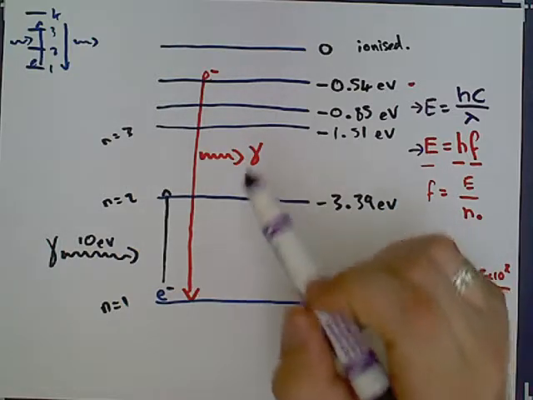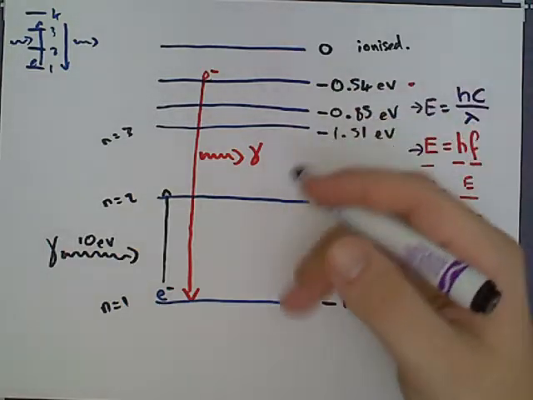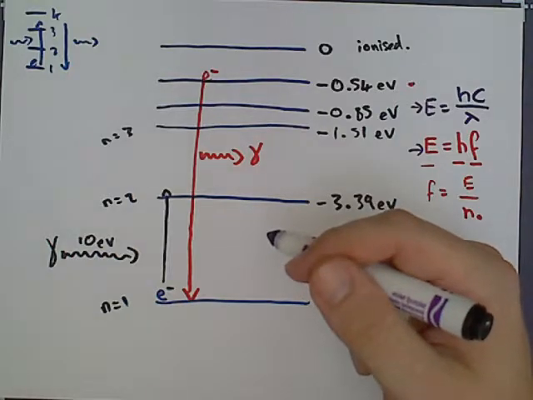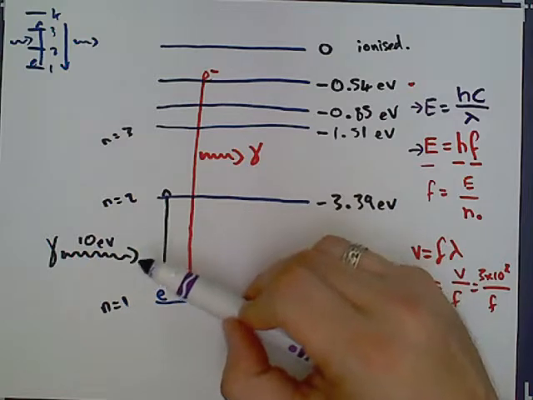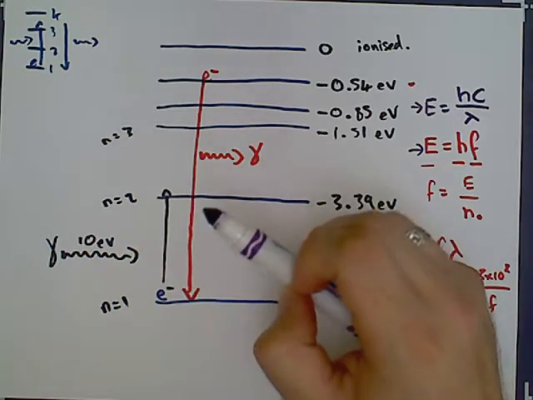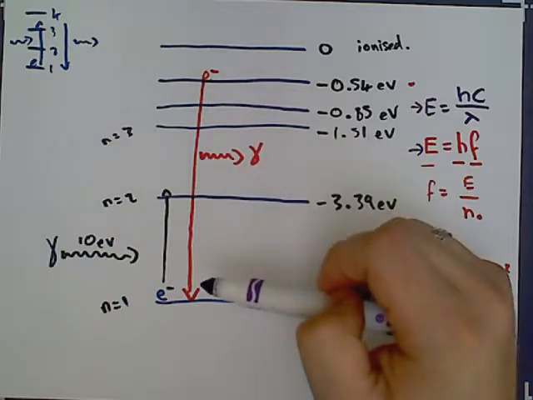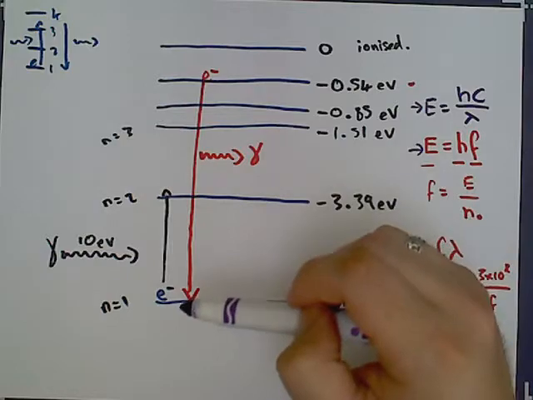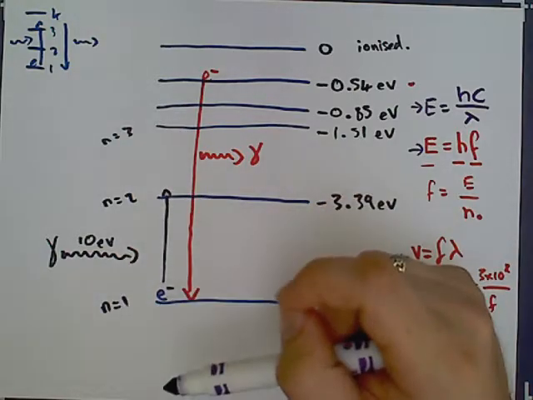The application of this is in astronomy, and we'll talk about this more when we do some astronomy videos. When we look at certain stars, we can see emission spectra where electrons are dropping down energy levels and giving off certain wavelengths of light, or they might be absorbing energy, which is blocking certain wavelengths of light.